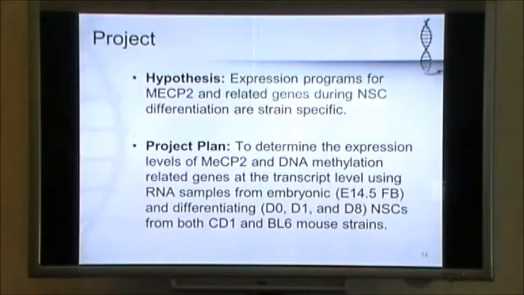So the plan for my project was to determine the expression levels of MECP2 and DNA methylation related genes at the transcript level using RNA samples from the embryonic forebrain and differentiating NSCs from both the mouse strains to compare them and see if I saw any more differences.